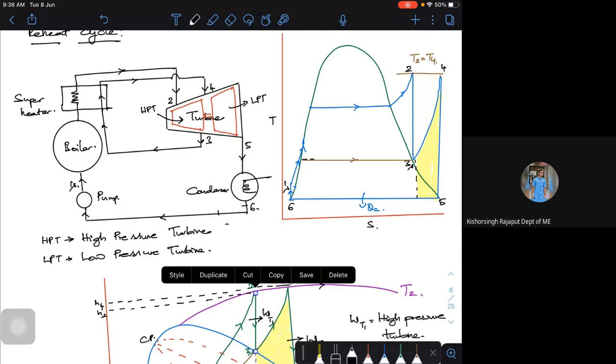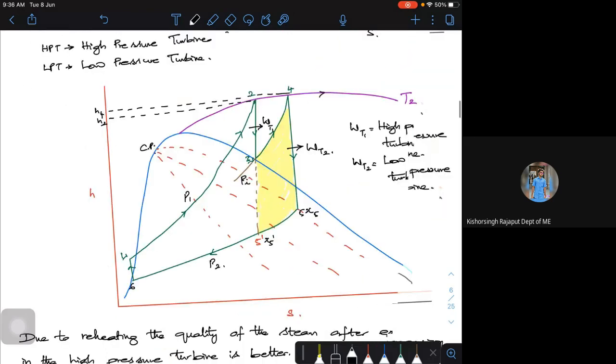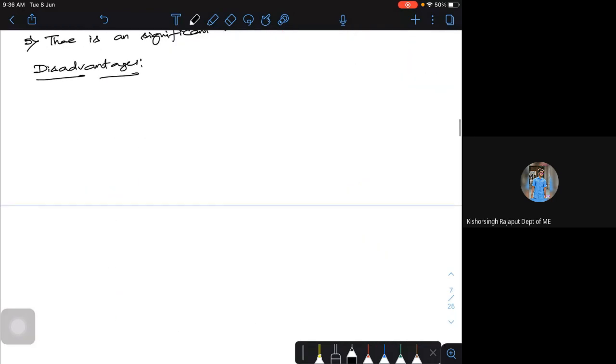All this will increase the expenditure and maintenance. So the total cost of the whole turbine will increase, as well as the maintenance of your power plant or turbine. So that's the only major disadvantage of reheating.